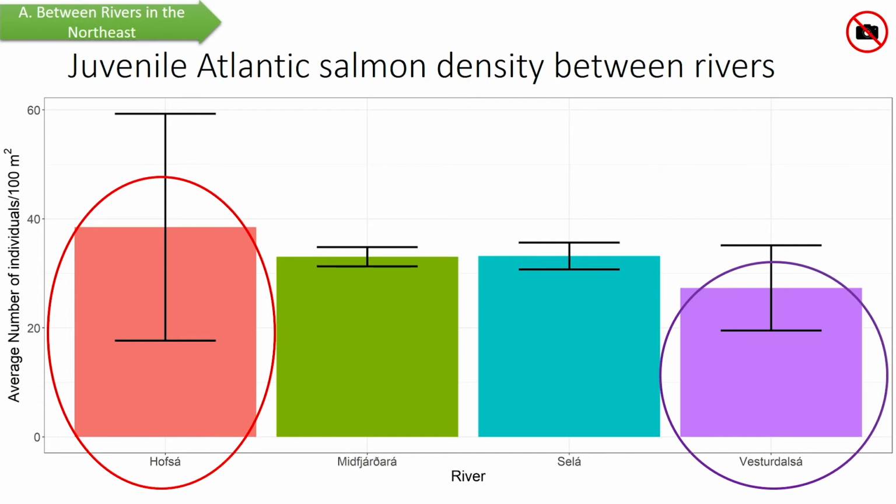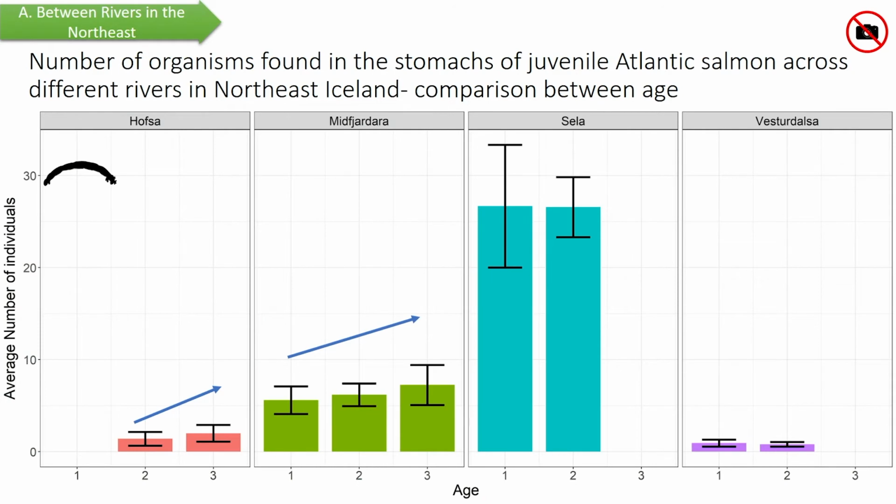So this is a graph of the number of chironomids that are found in each Atlantic salmon, as well as across their different ages and different rivers. What you can mainly see is that the number of organisms found in each salmon depends on the age. So with longer-lived fish, you get a higher number of chironomids.